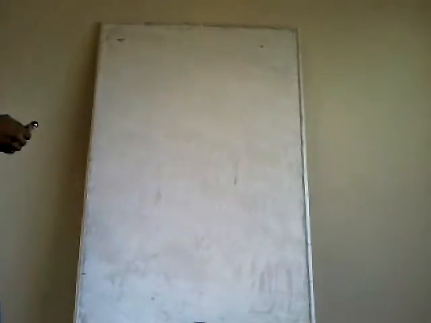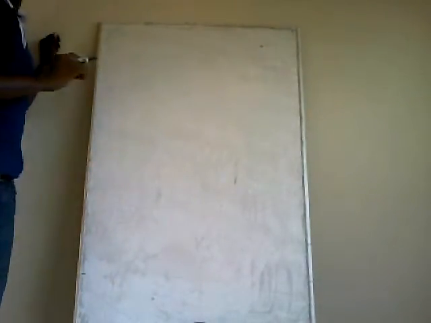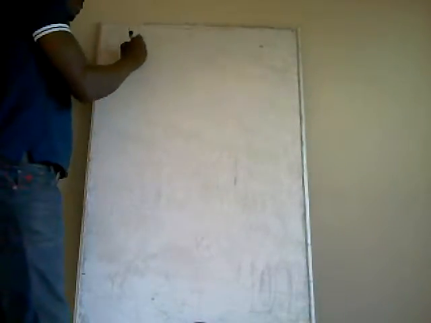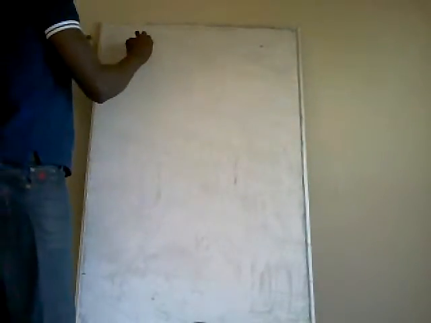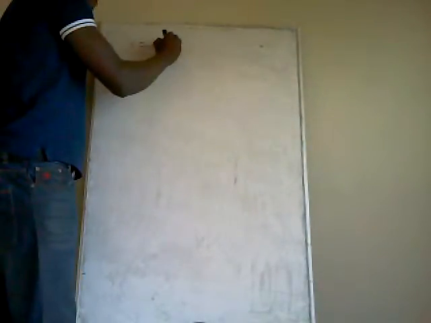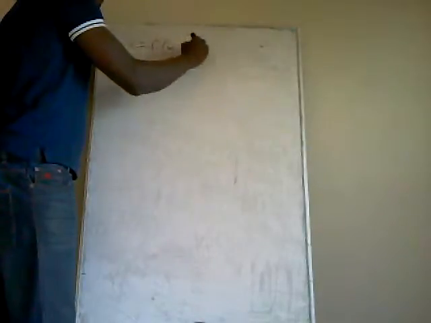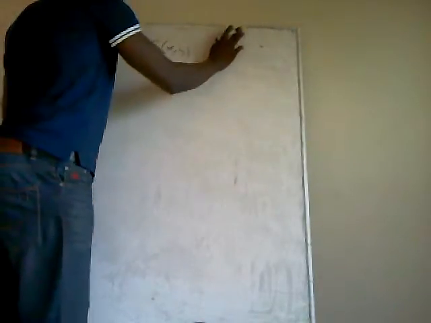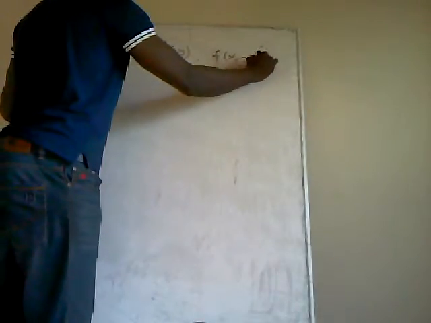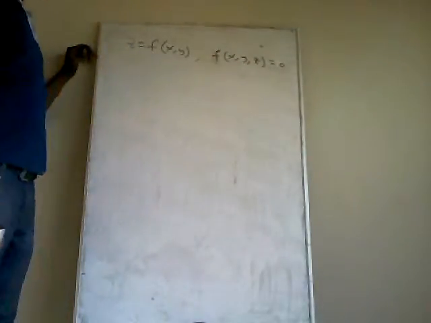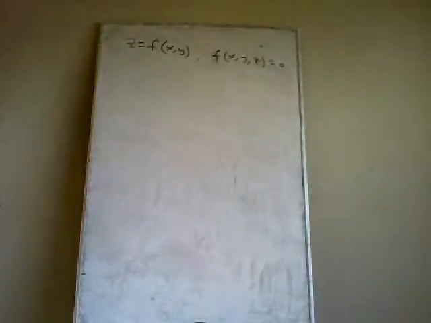So we look at how we find the equation of a tangent plane to a surface. Surfaces could be defined explicitly or implicitly. It's explicit if it is this, and implicit if it's that. First, we look at an explicit surface.